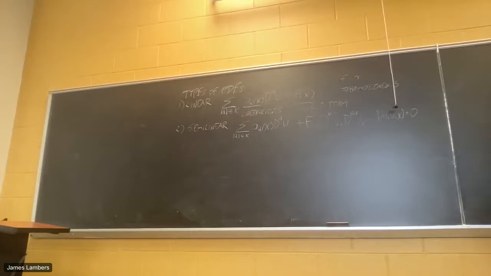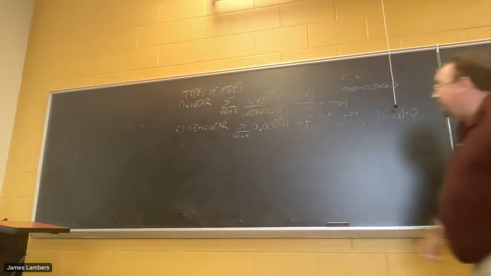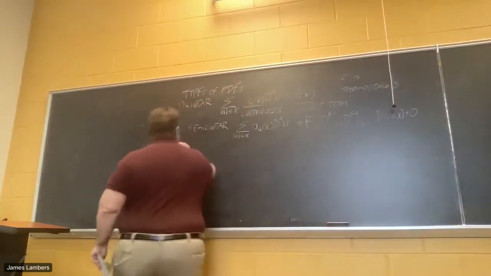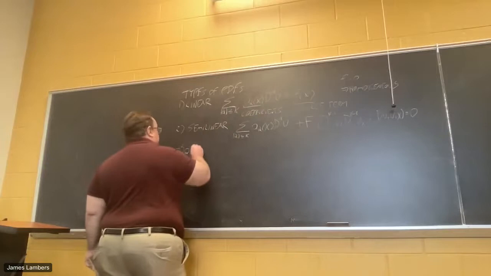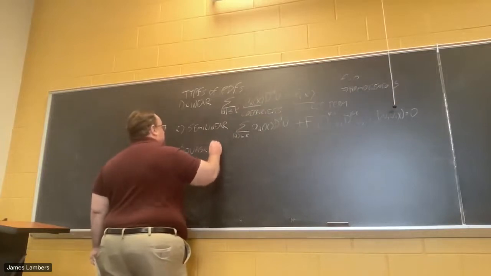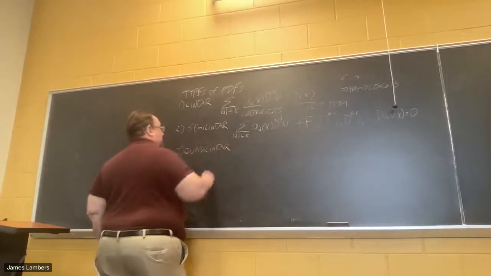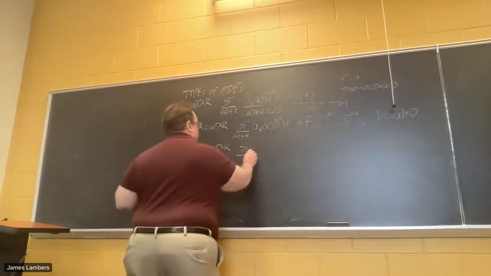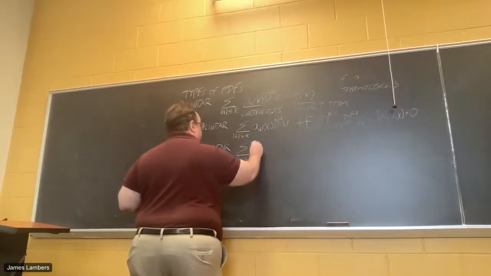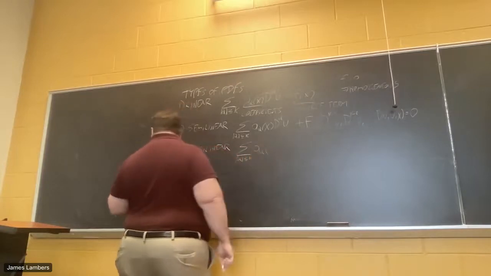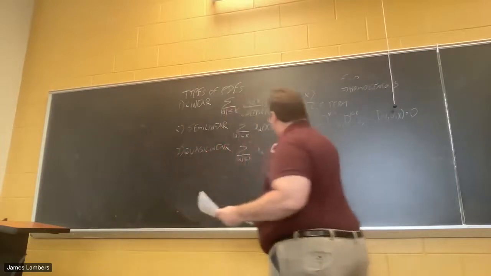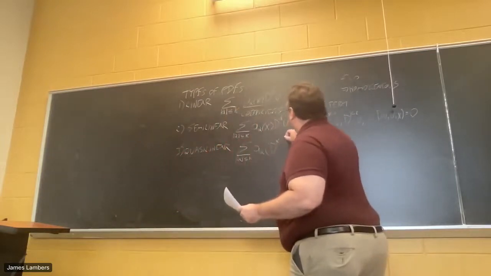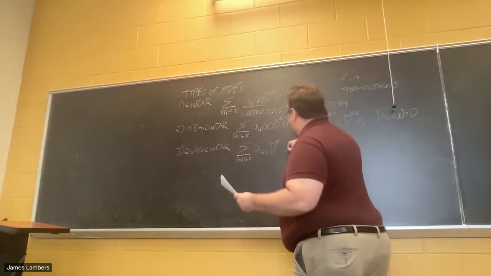So now I'll change the first part of the PDE to get the next category. It's quasi-linear. What happens now is the coefficients are allowed to depend on the same things that the source term could before.